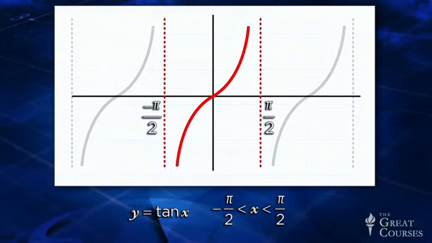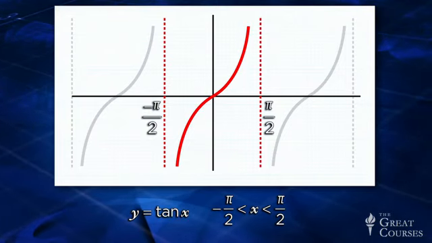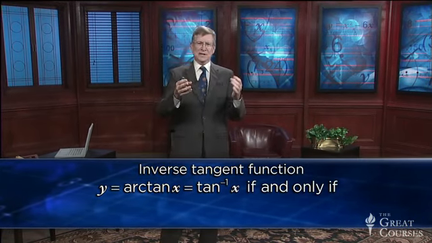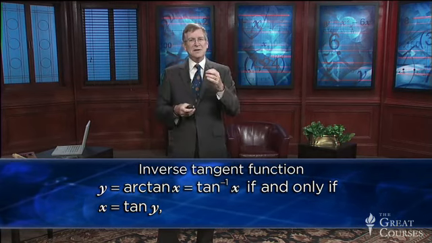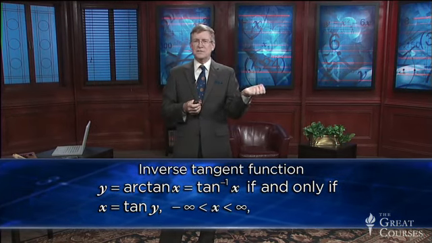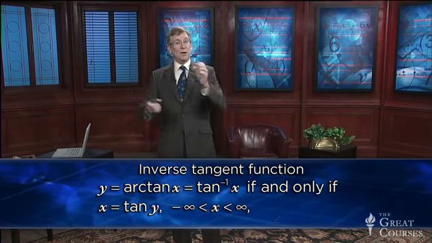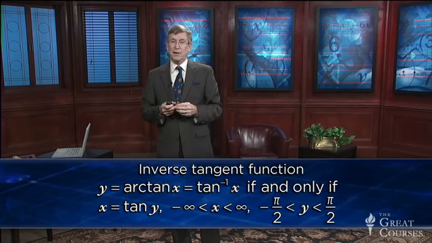So with that restricted domain, we have the definition of arctangent. y is arctangent x if and only if x is tangent y, reversing the variables, and here x is between minus infinity and infinity. In other words, x can be any real number, but y is in that sandwich between minus pi over 2 and pi over 2.